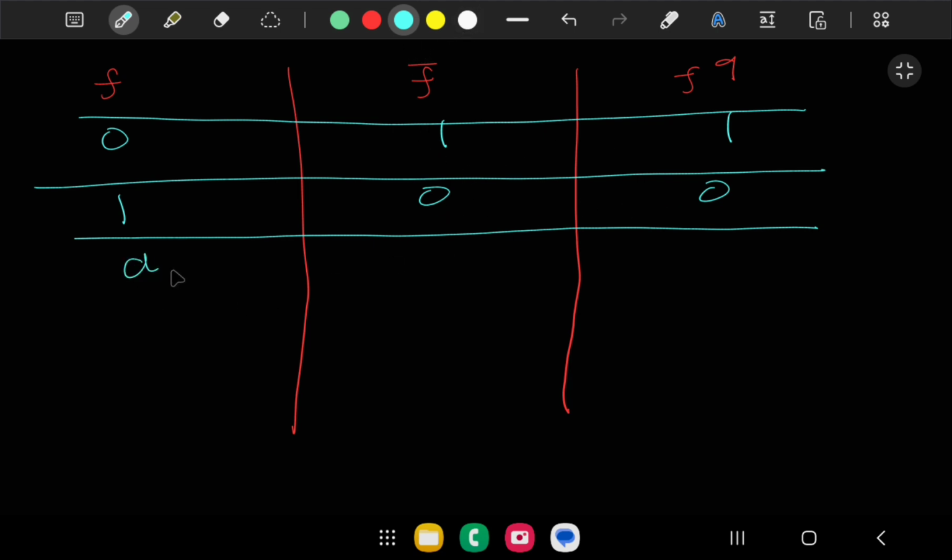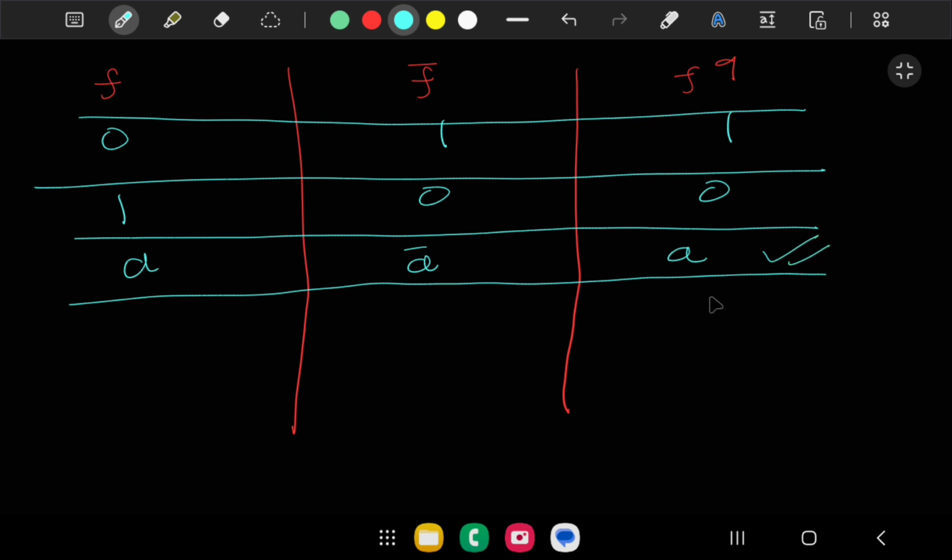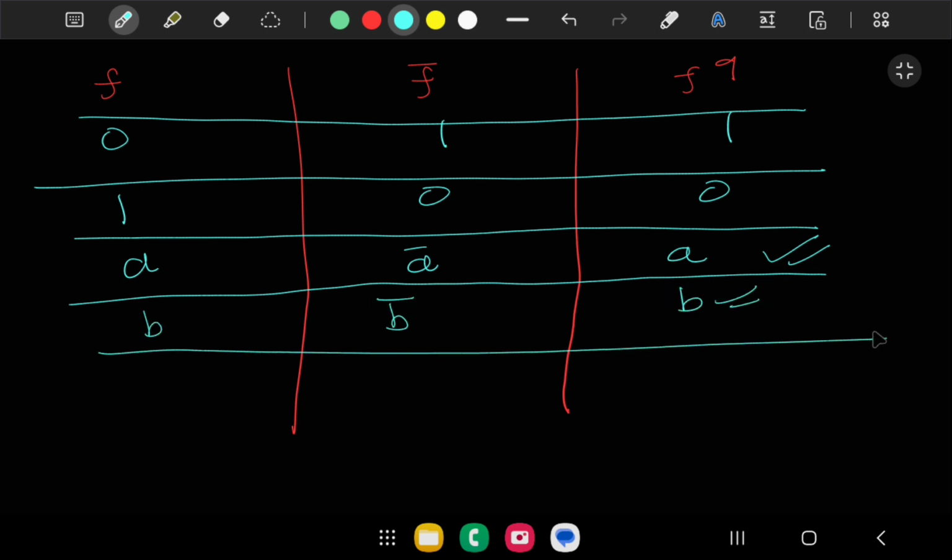So if you have this, then for the complement, a bar, and it will be a. Don't disturb the literals in the dual. Right? If you have b, this will be b bar, but it will be b only. So for this function only, this will be like this.